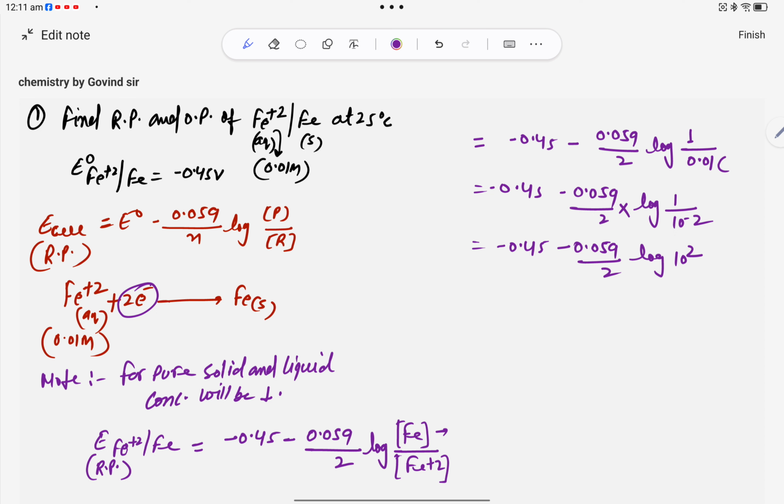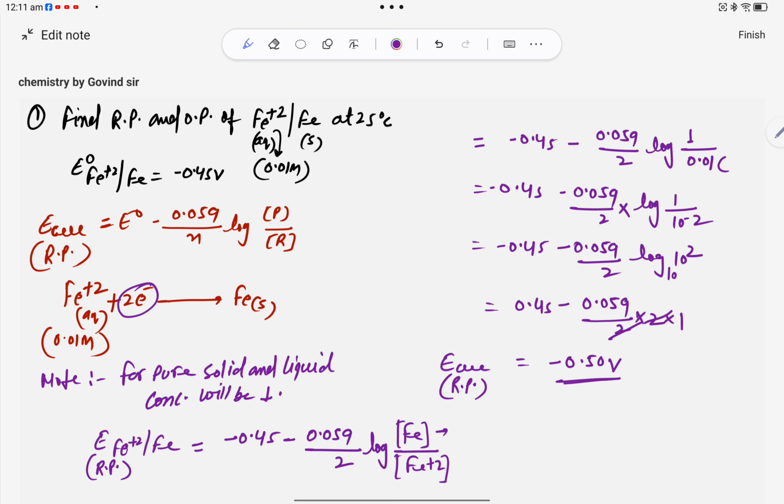Log 10 base 10 value is what? 1. So it will be minus 0.45 minus 0.059 upon 2 into 2 into 1. So 2 cancel and answer will be minus 0.50 volt. That is E cell reduction potential.